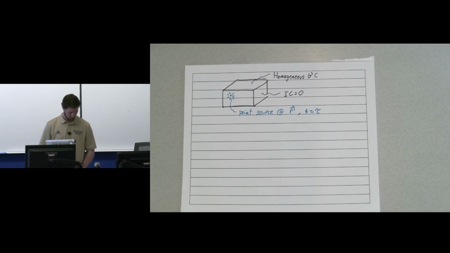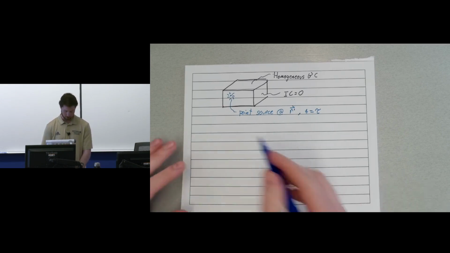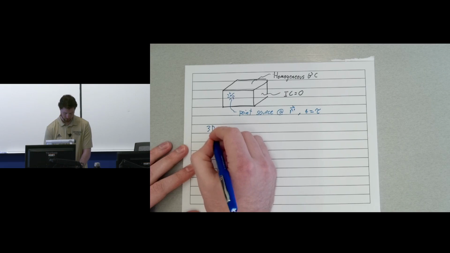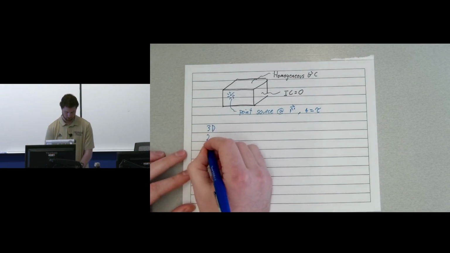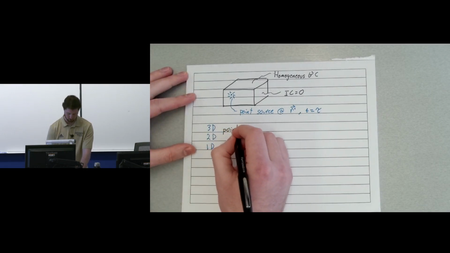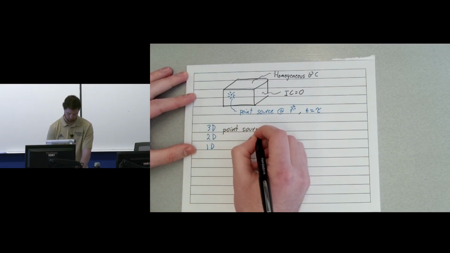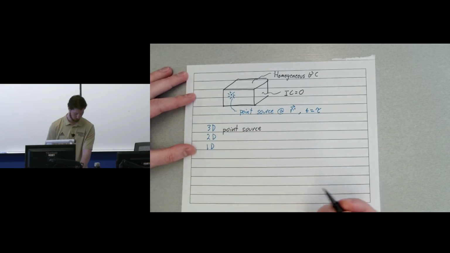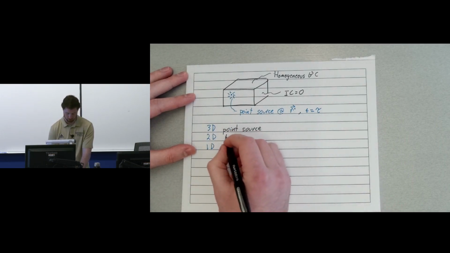So if we look at this in 3D, like I just showed up here, I'll write the stuff for 2D and 1D. This 3D is going to be a point source. If we consider this to be a 2D problem, it would be a line source.